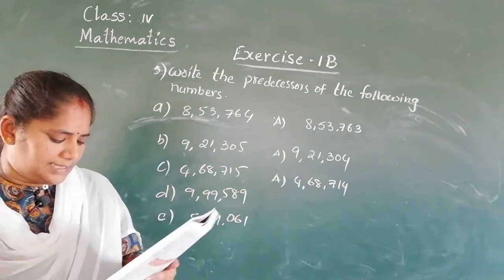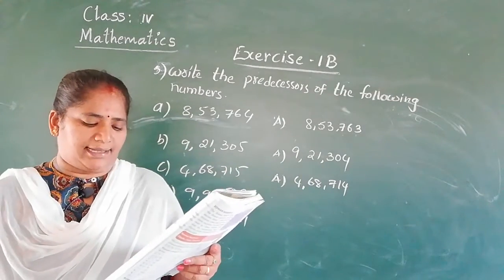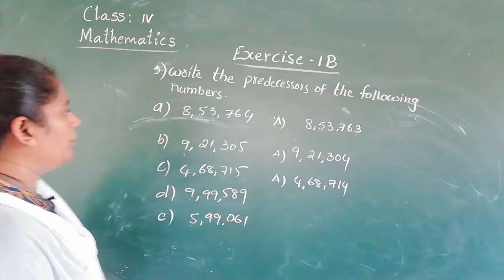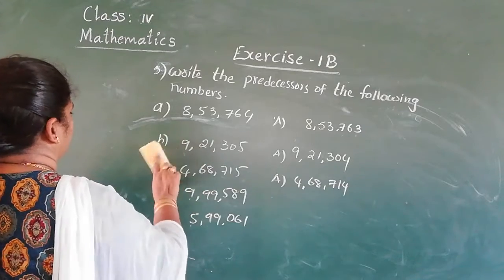And the last one in this exercise, write the smallest and the greatest 6-digit numbers without repeating numbers. So how to form the greatest and the smallest number?